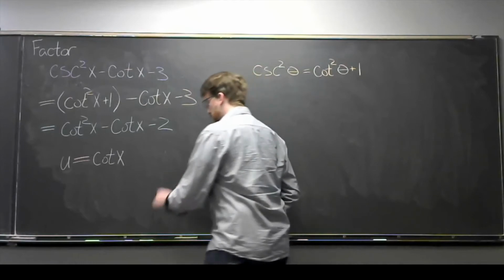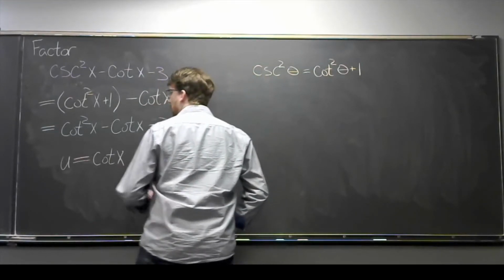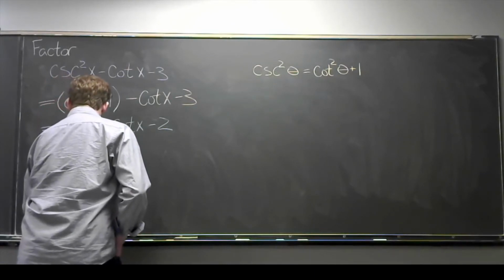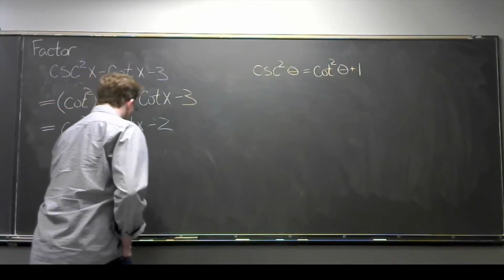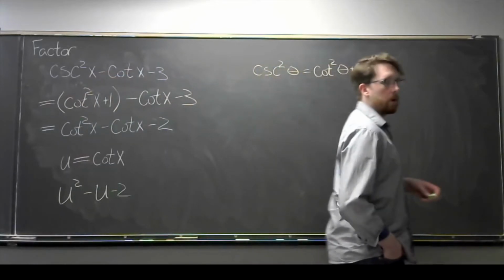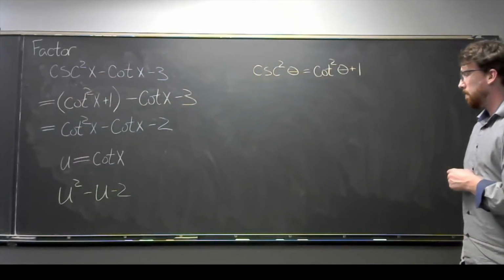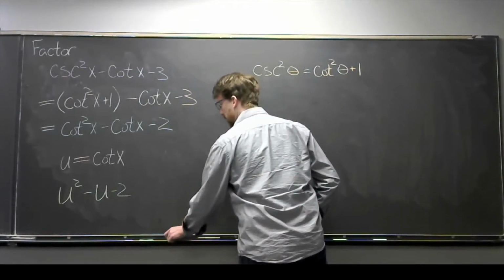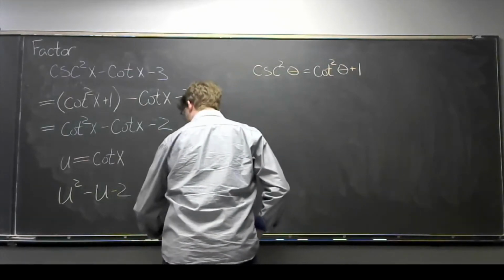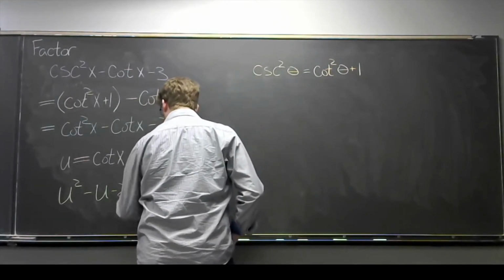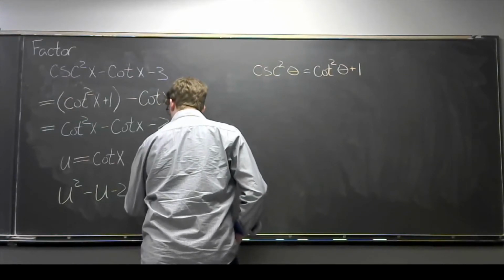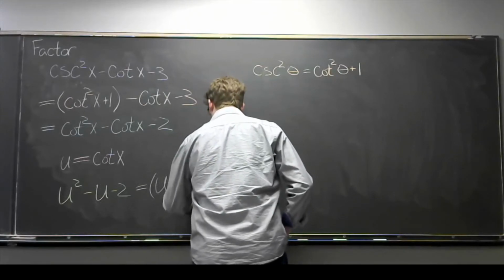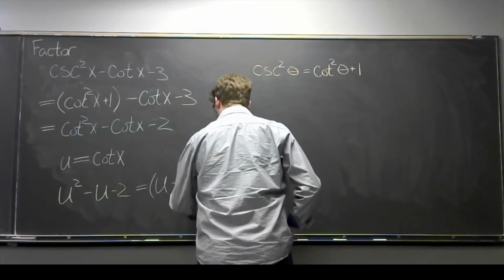Well, if that's the substitution we use, we're going to find that this entire expression becomes u squared minus u minus 2, which we can break up as the quantity u minus 2 times the quantity u plus 1.